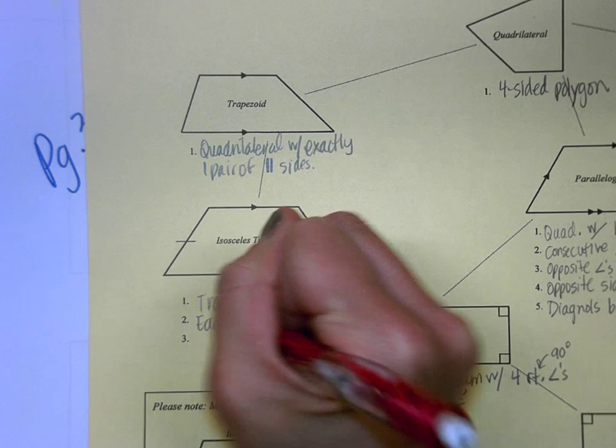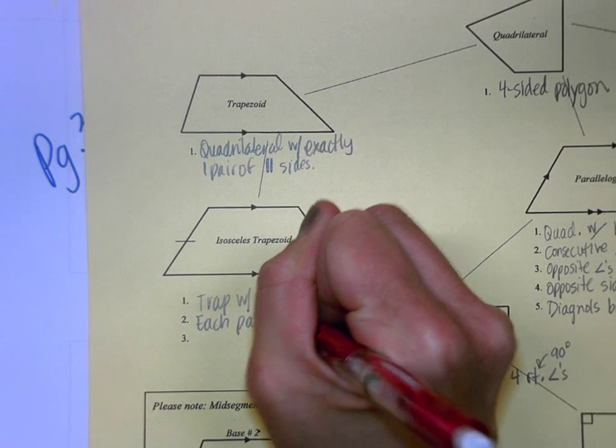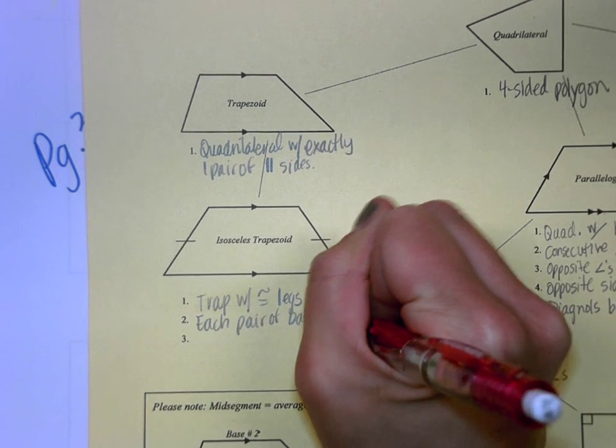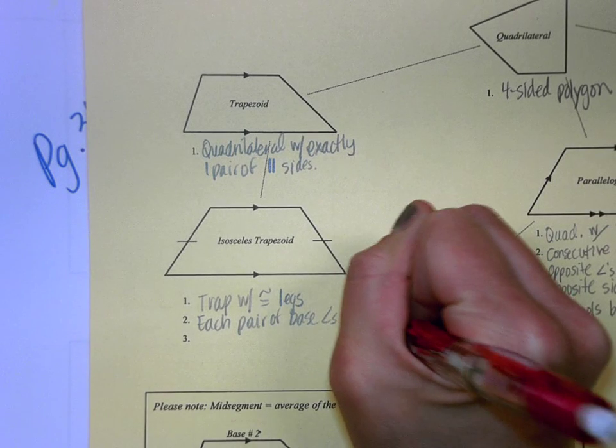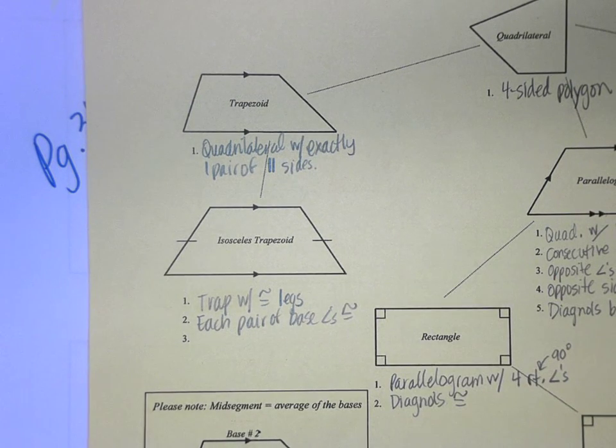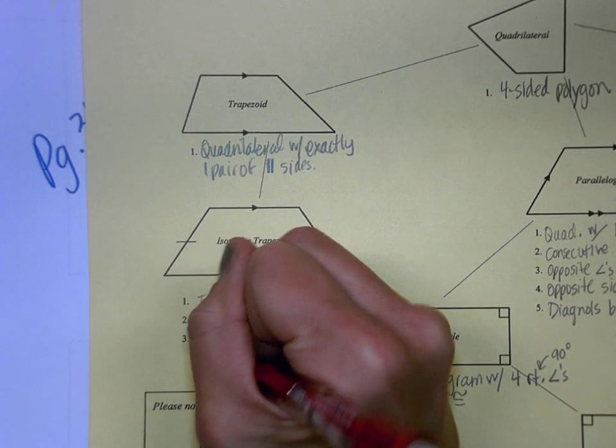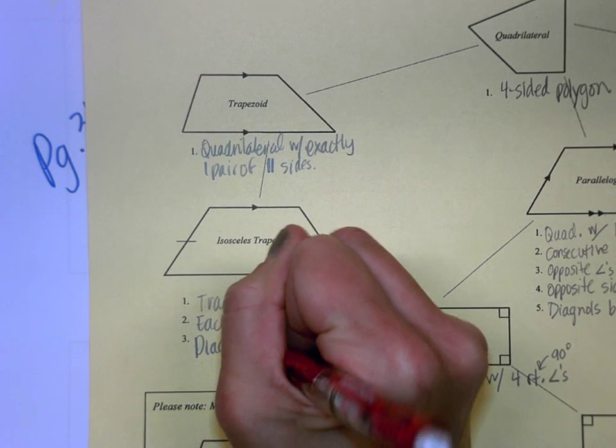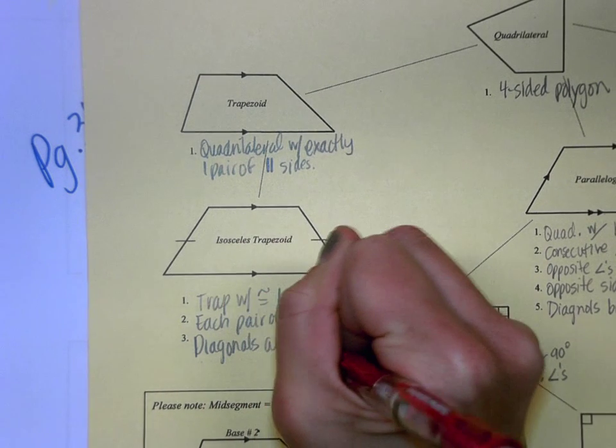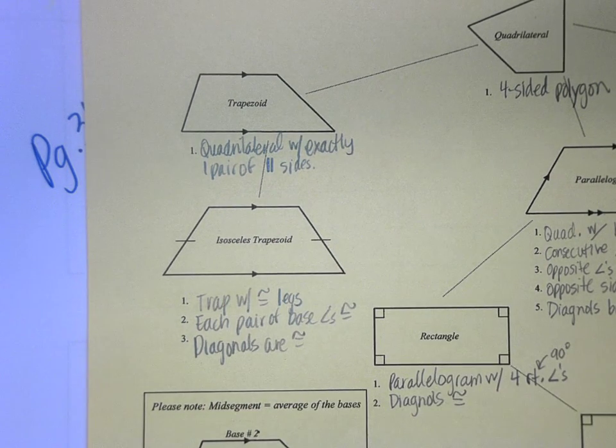Each pair of base angles are congruent, and the diagonals are congruent. Okay, and again, if you need to look at mine later, you can.